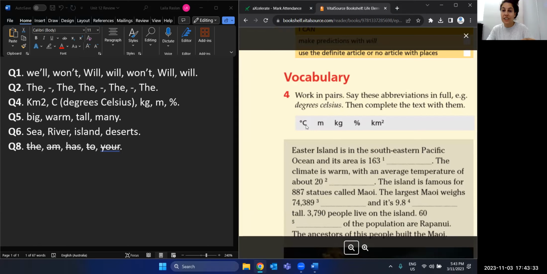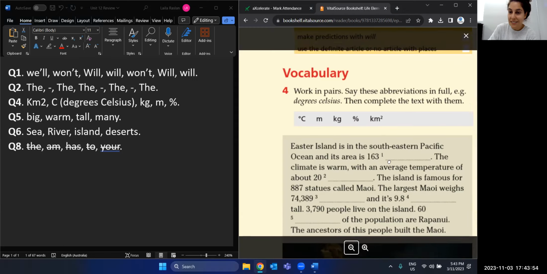That's what we use in Australia and United Kingdom, maybe some other countries. So if you are in Australia, you have to be using this one, not the American one. Meters, we use meters in Australia. Kilograms, we use kilograms, not pounds, because that's American. We use percent and square kilometers.